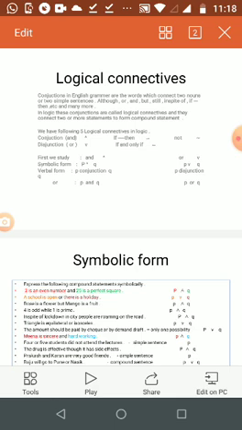So if two simple sentences are joined by the word and, then we say that it is conjunction of two simple sentences.